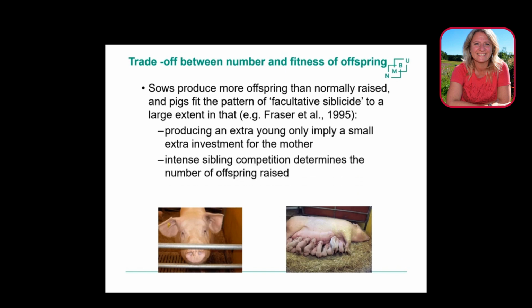And there is intense sibling competition, which determines the number of offspring raised, or the number of offspring that survive in the end. We also know that size asymmetry ensures that the most vital young survive.